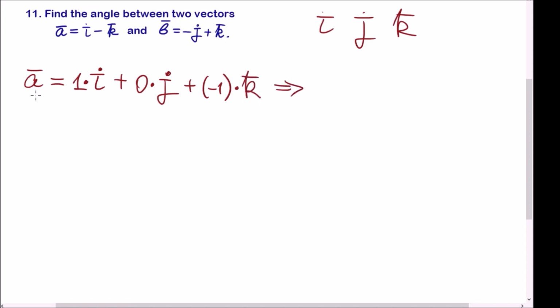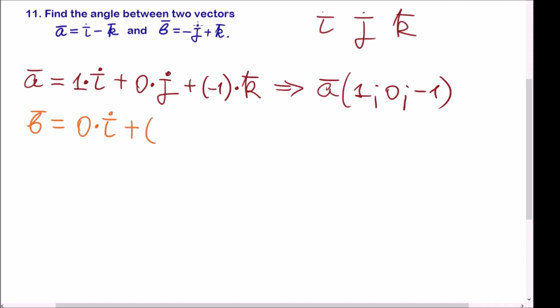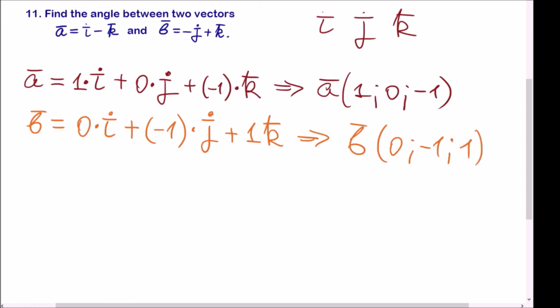So we have the vector a with the coordinates 1, 0, minus 1. Vector b is vector i with coefficient 0, plus vector j with coefficient minus 1, and vector k with coefficient 1. Vector b has the coordinates 0, minus 1, 1.